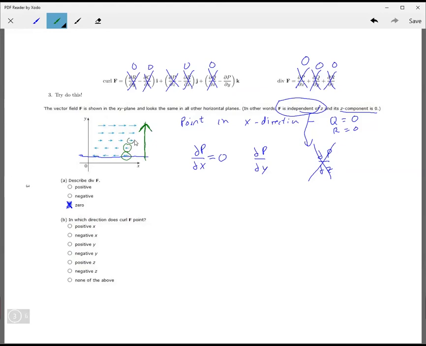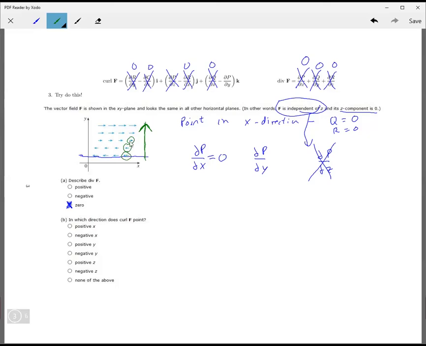This arrow is pointing the other way, and this one is pointing even more that way. They're getting smaller here, but these are pointing in the negative direction, right?